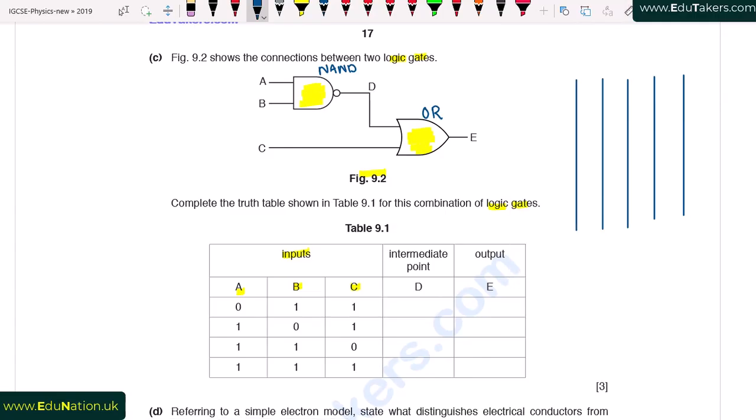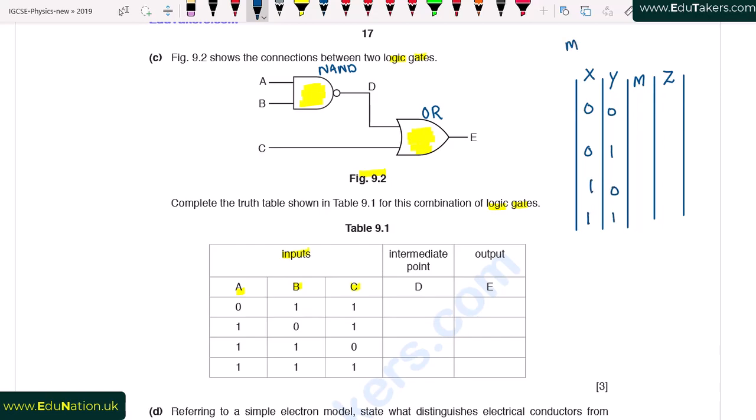Now I write here inputs are, I suppose that inputs are X and Y and the output is Z. There is also a point, let's suppose that it is equal to M. So the inputs are 0, 0, 0, 1, 1, 0 and 1, 1.